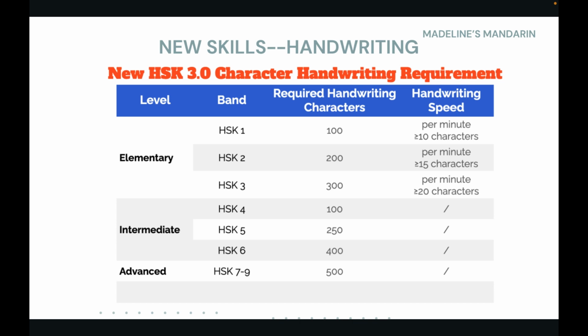There's also an obvious increase in the difficulty and the number of words required for each band. We just saw the new HSK quantitative criteria. If you pass level 3, it means you're still elementary level. And the new HSK includes the new skills, that is handwriting.